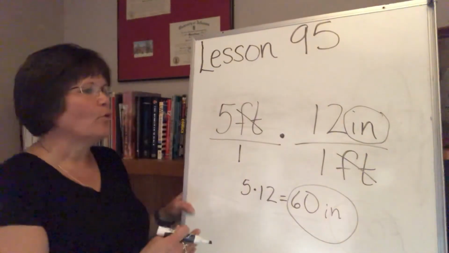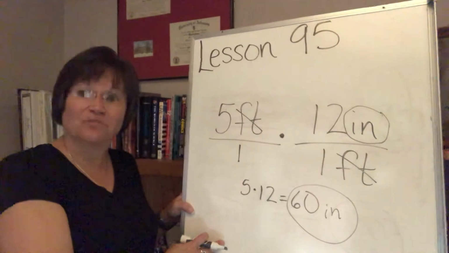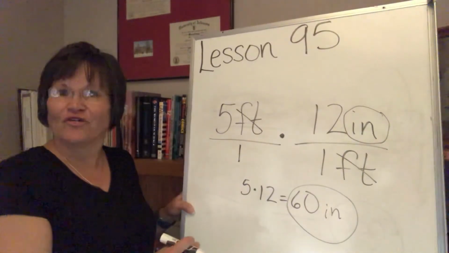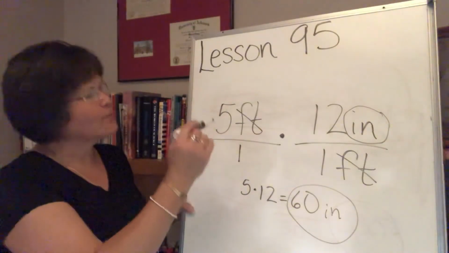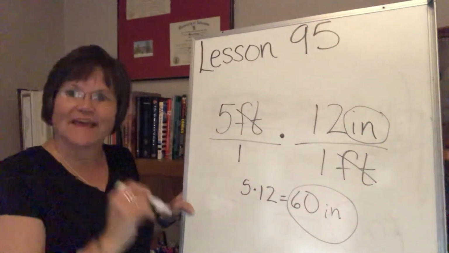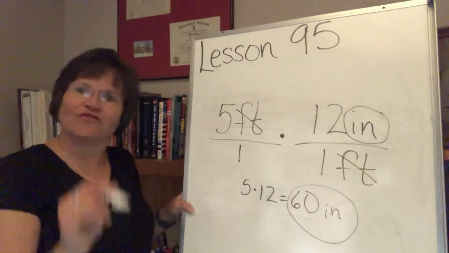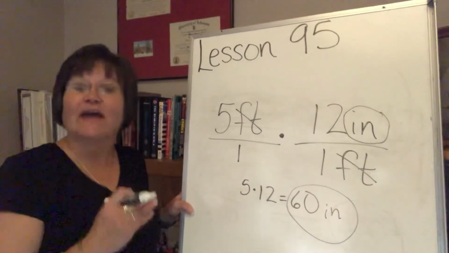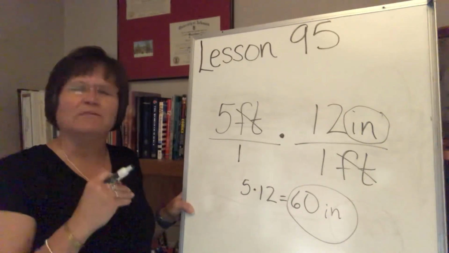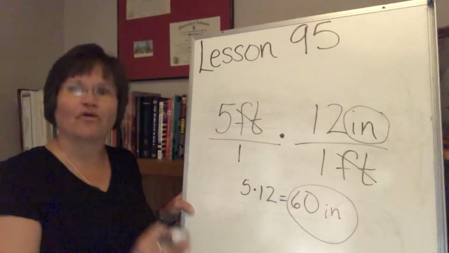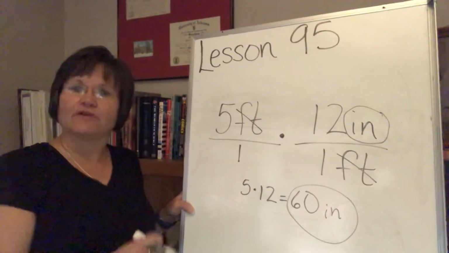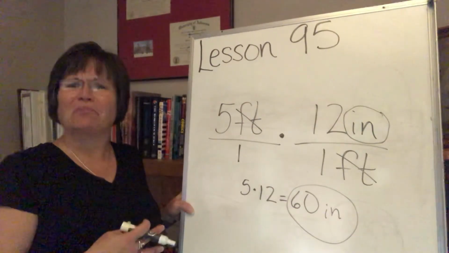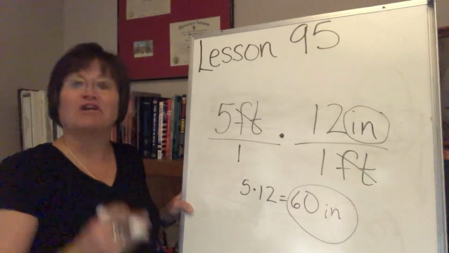It is super important when you're solving problems like this with multiplication and fractions that you are neat and careful, and that you're writing down your numbers and your units, and you are taking your time, because as you move forward in math, you're going to add negative numbers. You're going to be adding variables, and it is going to be so tricky if you're not careful, neat, and precise, because you'll get to the end of the problem and you'll have the wrong answer, and then you'll have to go back and rework it over again.